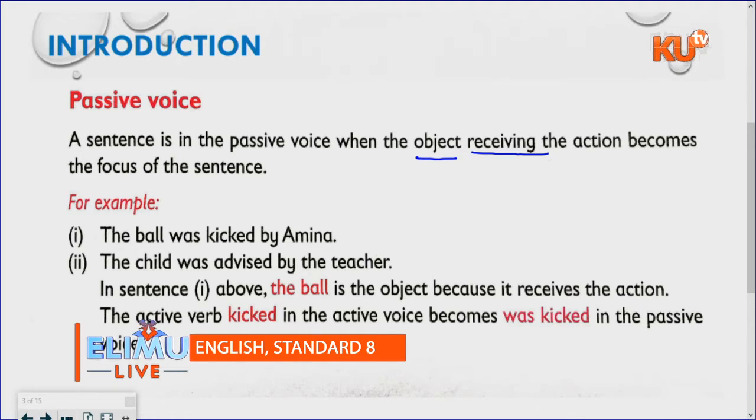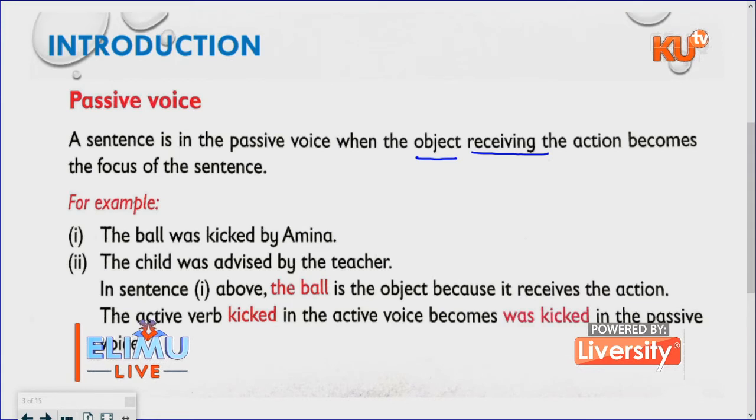From our previous sentences, Angela kicked the ball, we can change them to passive by starting with the object, the verb, then the subject. The ball was kicked by Amina. It's a typing error there. It's supposed to be Angela. The ball was kicked by Amina, however, is grammatically correct.